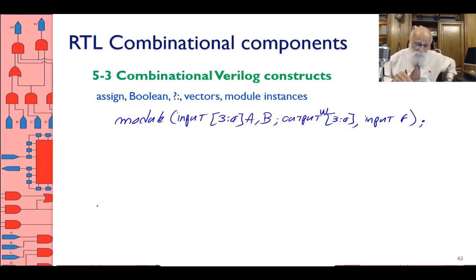The way it works is if F is 0, then my output becomes max of A, B, else my output is just A.